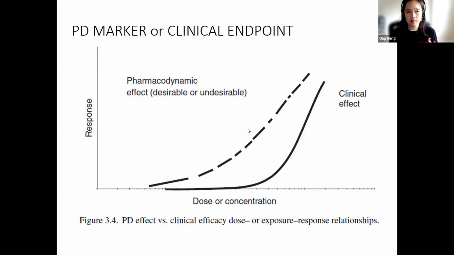And for some dose levels, even if the pharmacodynamic effect is there and we see a change in the biomarker, it doesn't mean the real patient will actually see a change in their disease and feel that clinical benefit brought by the drug. So there are some differences between preclinical and early clinical biomarkers versus a final clinical benefit.